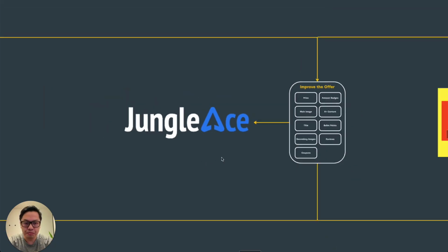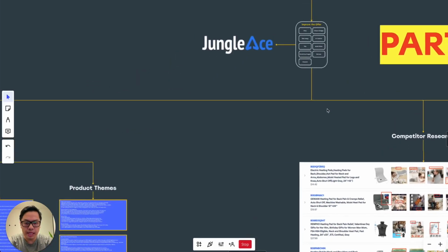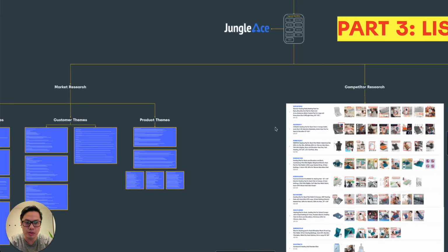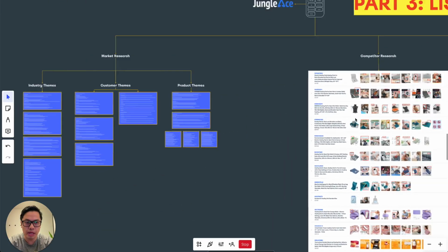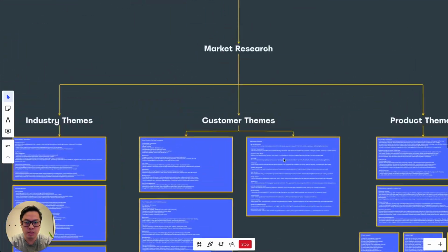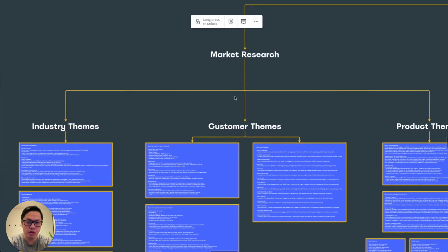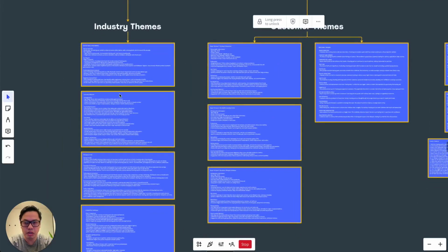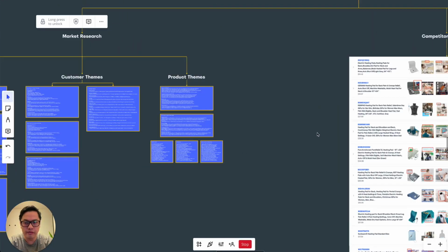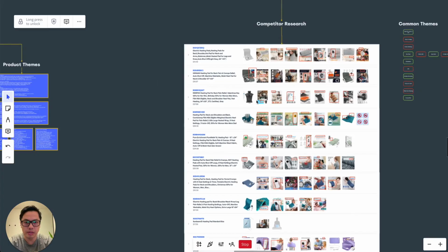With that being said, we also have an AI tool which pulls down competitor and market research data. I pulled all of that information down. We're going to go through some of this today and see if we can figure out any gaps and angles between these two.